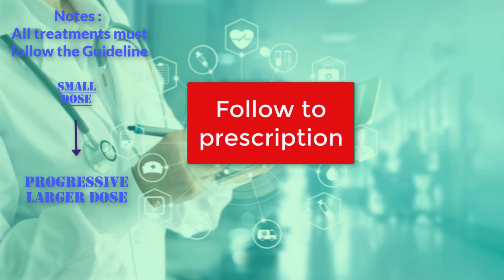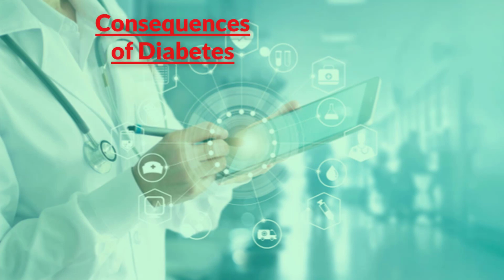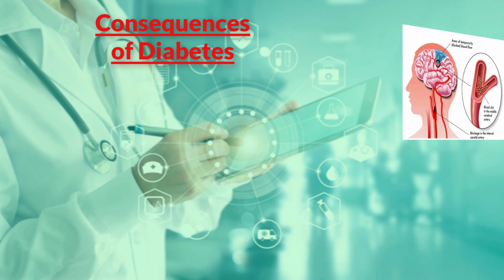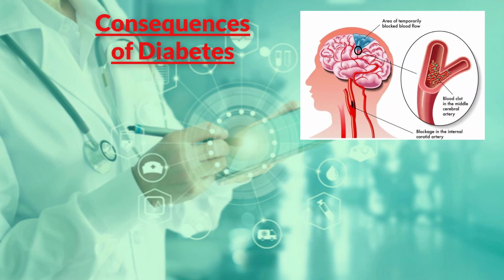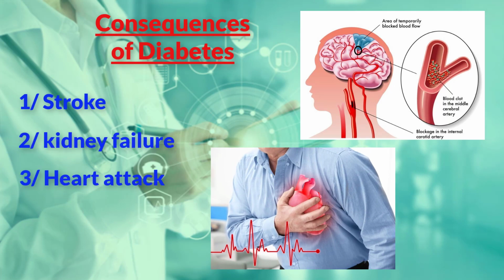After you know about treatment, you should know something about the consequences of the disease. Mostly, diabetes mellitus harms your body. I will show you some examples in the picture. Starting from the head, it will cause stroke if it impacts your vascular system. It will cause low vision if it impacts your eye.